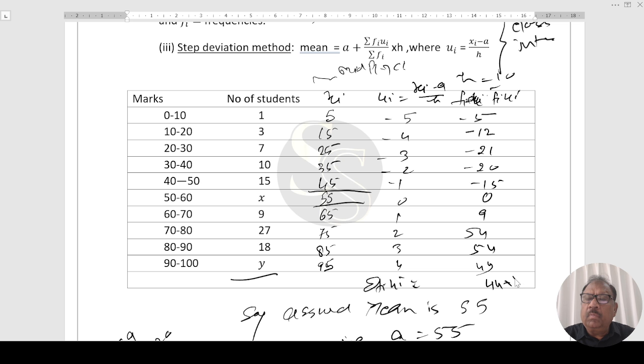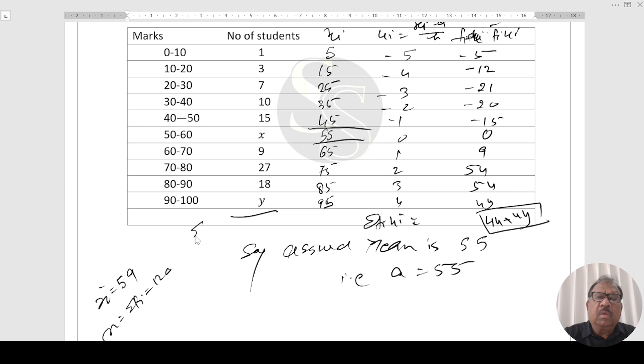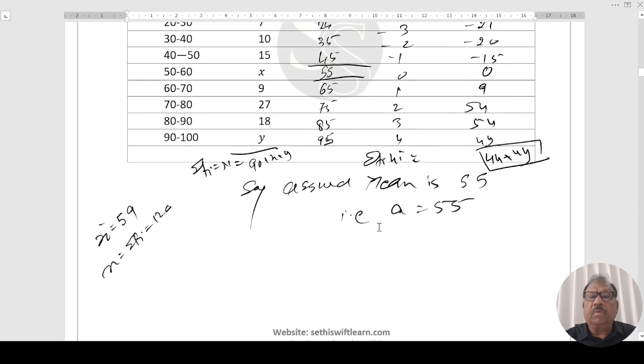And summation fi, that is n, on simplification comes out to be 90 plus x plus y.